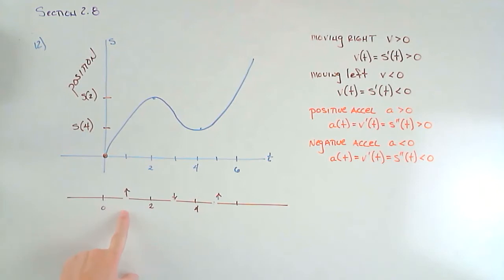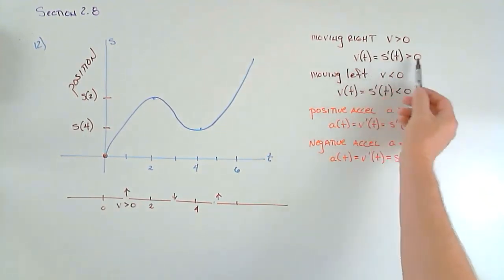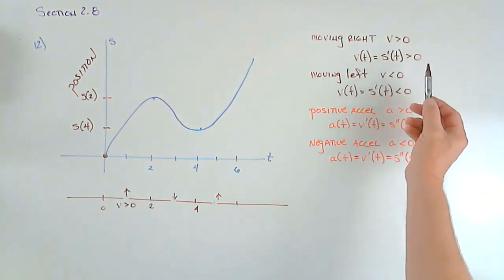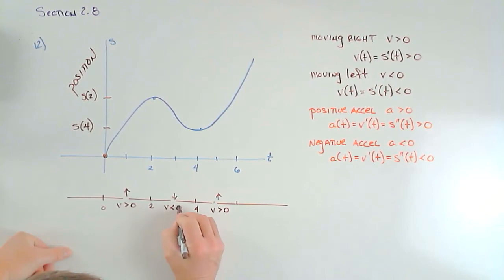So when s is increasing, its derivative is positive. So what does that mean? That means this is where velocity is greater than 0 by my chain of logic over here, and this is where velocity is less than 0.